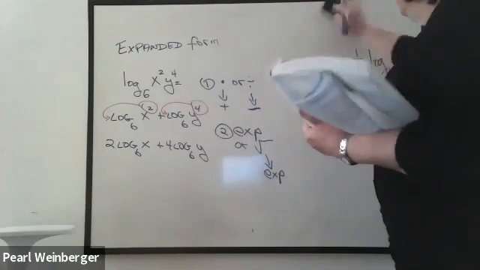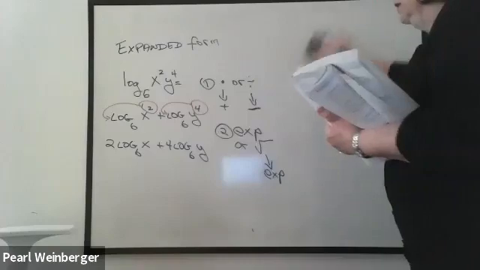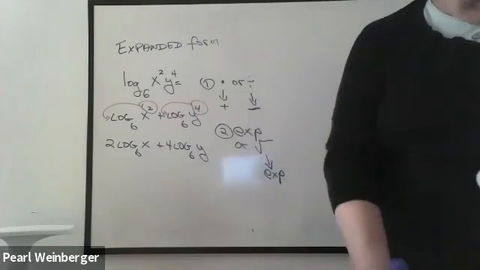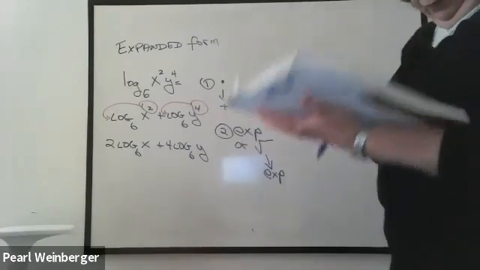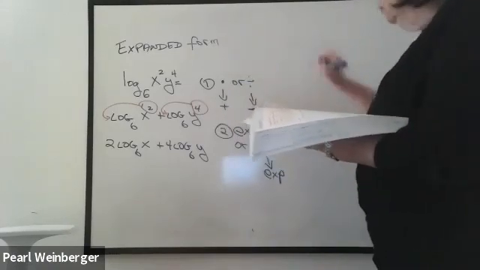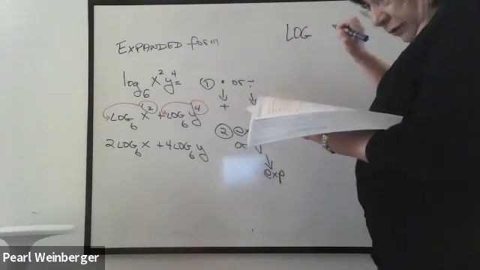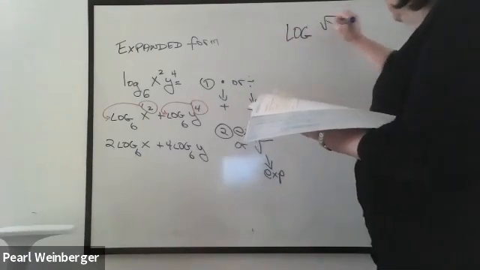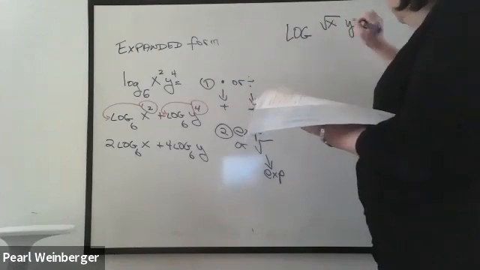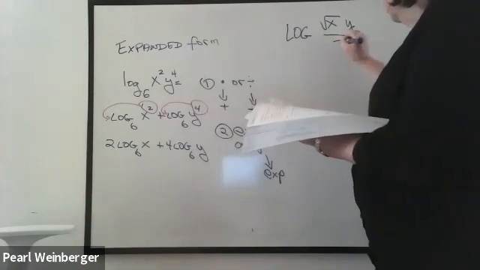Again, you're going to have to be looking at your rules for logarithms in order to do this. Log of square root of x, y, the y is outside the exponent, over z to the third.